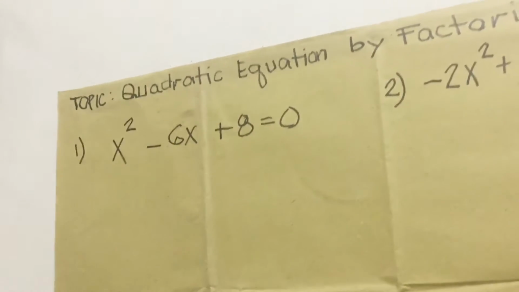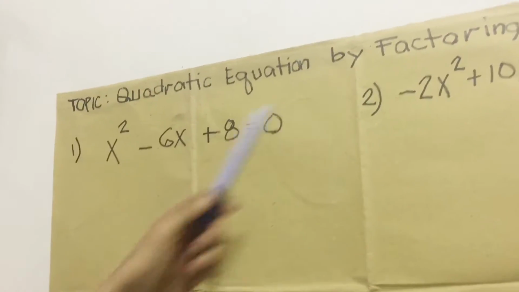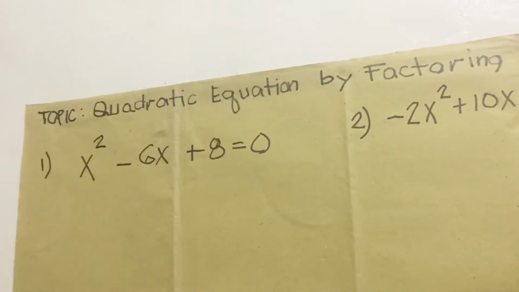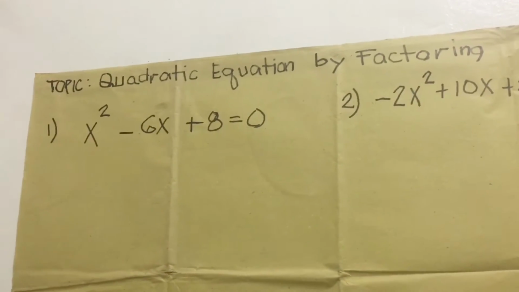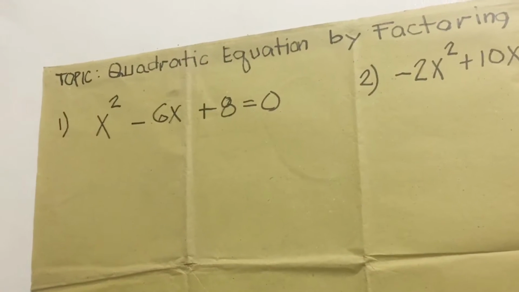This time, the given quadratic equation is applicable to factoring, so we can find the solution by factoring. If not, other methods are used, which are completing the square or the quadratic formula.